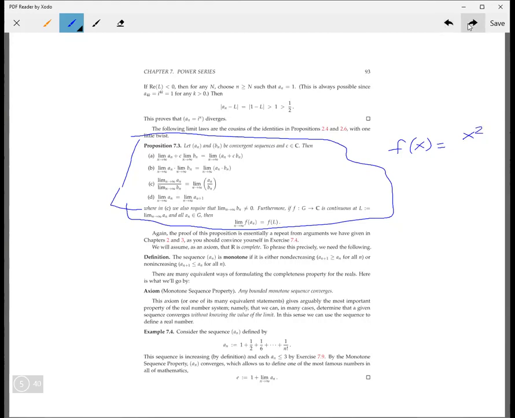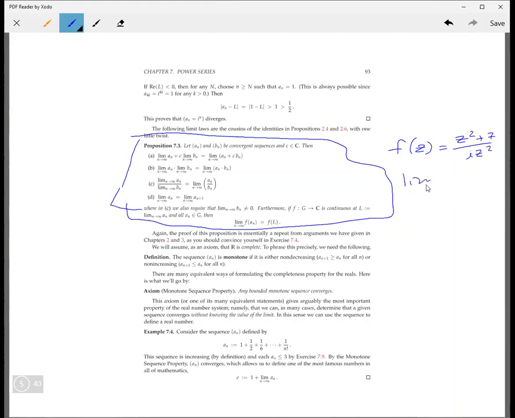Yeah, it should be z. So f of z, so let's suppose we had f of z equals z squared plus 7 over i z squared, okay?